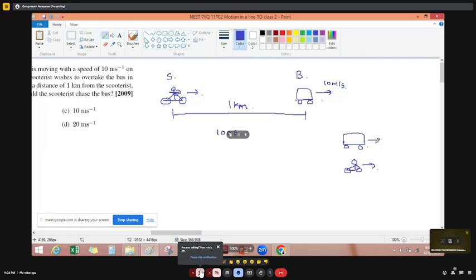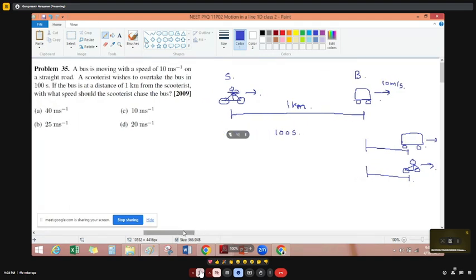That's your overtaking point. They're asking what speed he has to go so that he can catch up with this, in addition to this 1 kilometer. It is slightly confusing, but if you follow the relative velocity concepts, it's very easy. Relative displacement concepts.